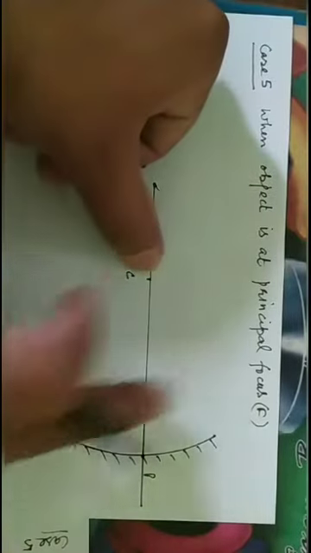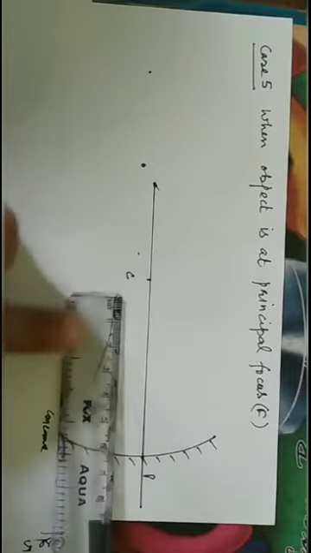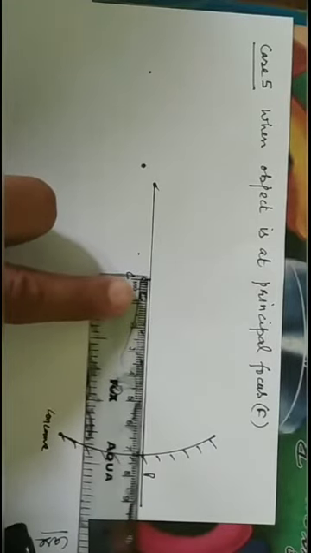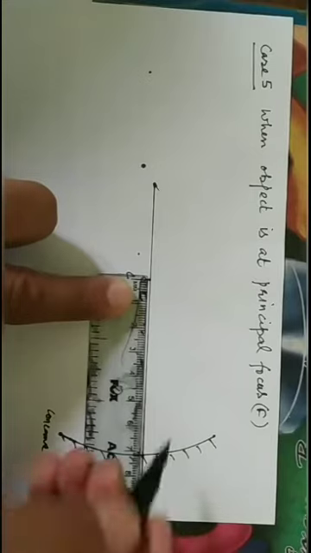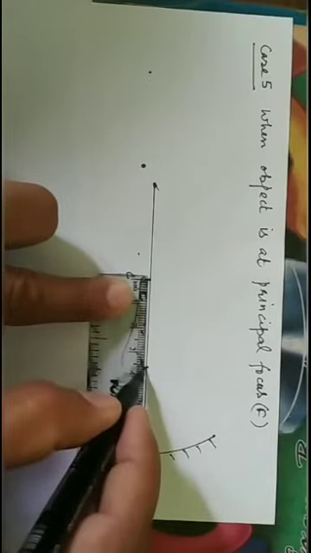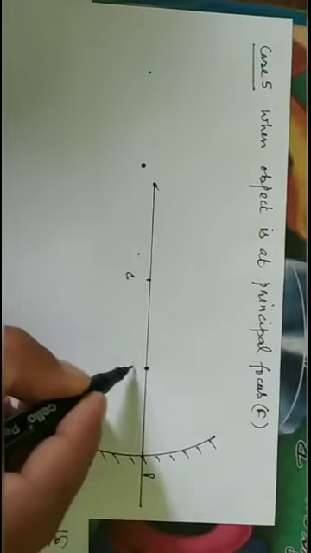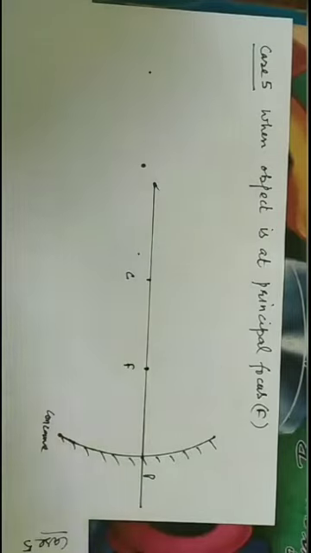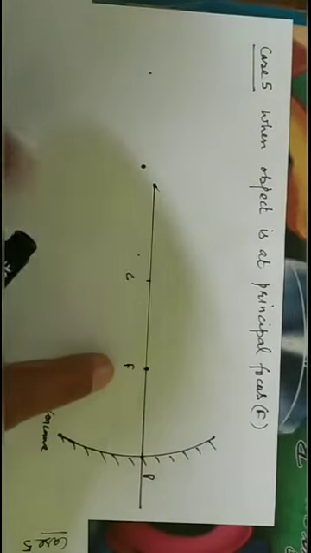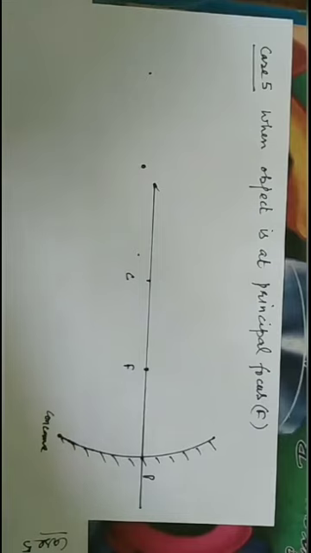If you keep a compass, it can curve out this arc. And the principal focus is the midpoint of C and P. This is C, this is your P, and this is the midpoint. So here, this is your principal focus. If I keep F as the midpoint of C and P, all our ray diagrams will be correct.